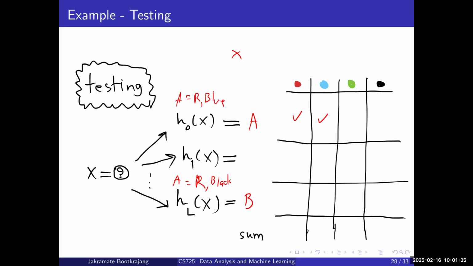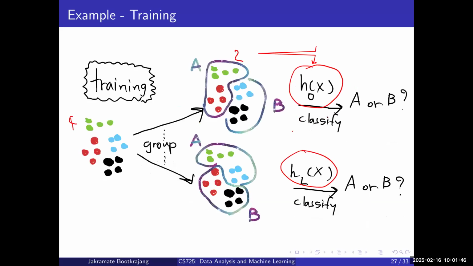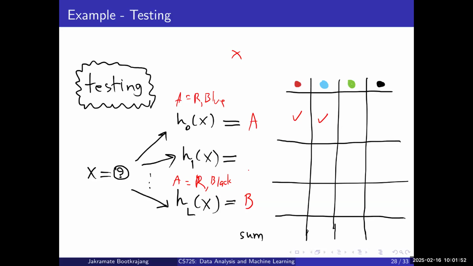For H1, it predicts that the new X should be in group B. So what are the colors of group B? Group B has red and black. So because you have red and black, it's going to vote for red and black.